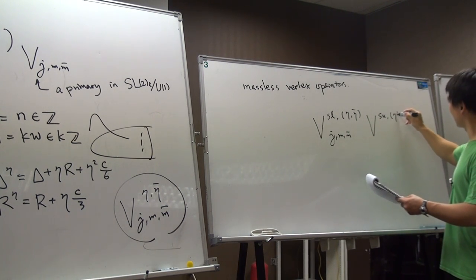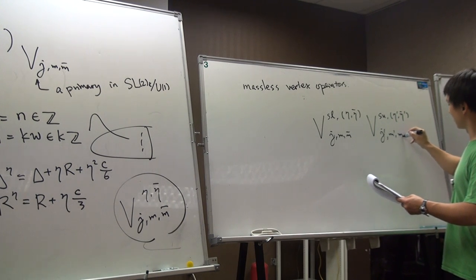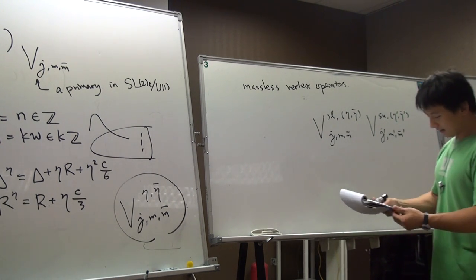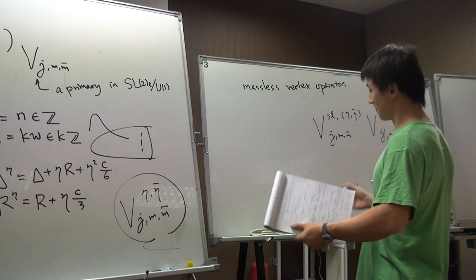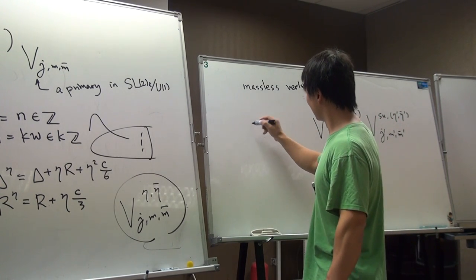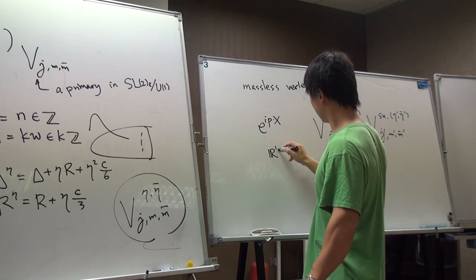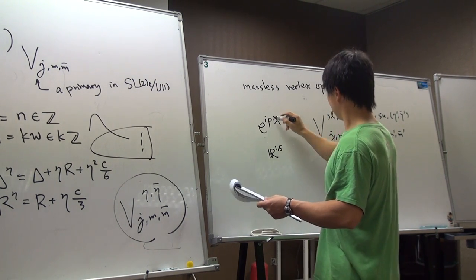So it depends on some eta prime bar, depend on some j prime, m bar prime. And then you can form some vertex operator, say with e to the i p dot x in the R^{1,5}, and the p^mu x_mu.